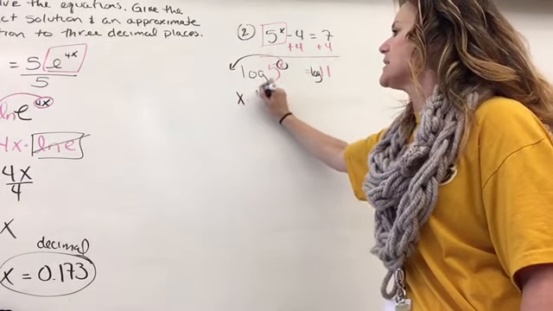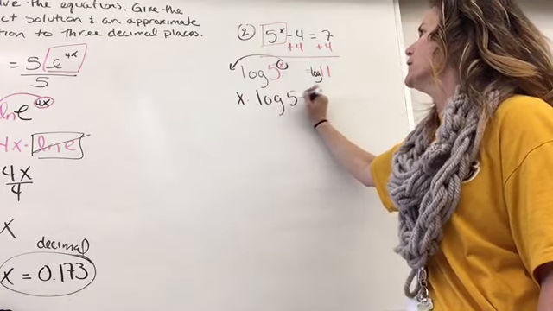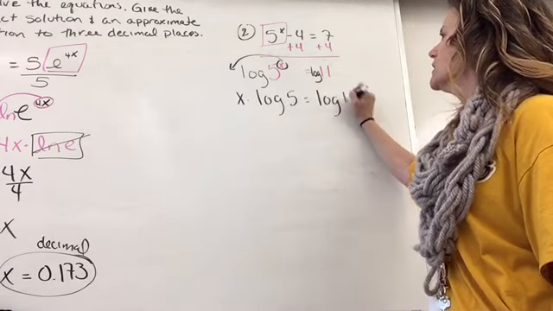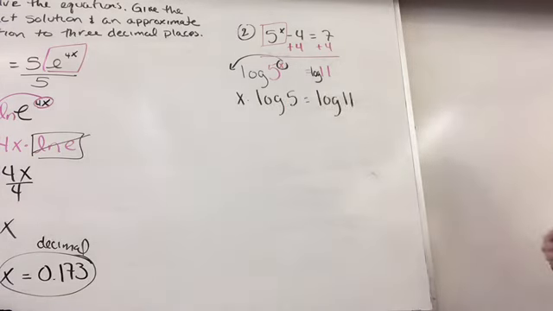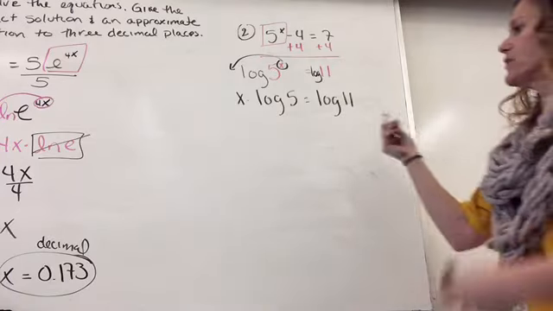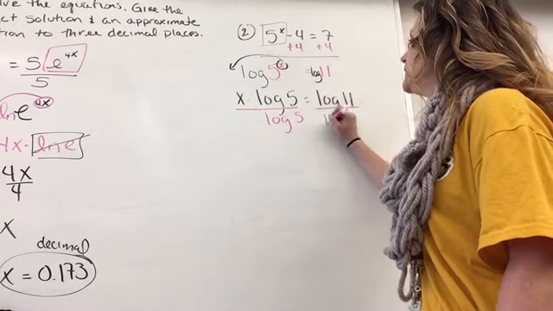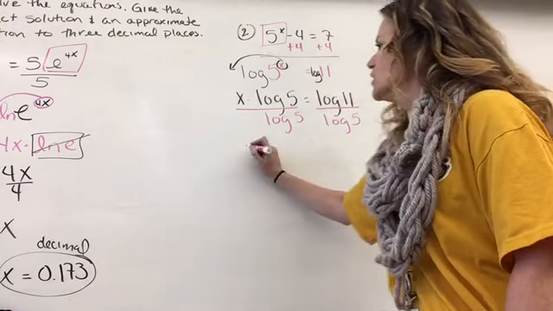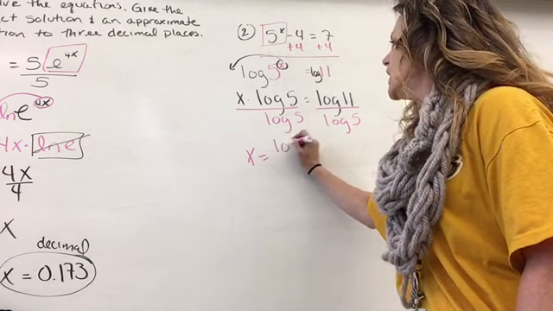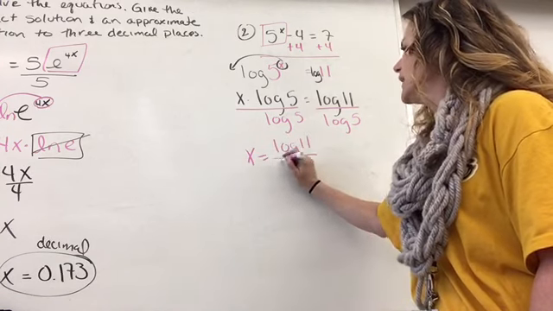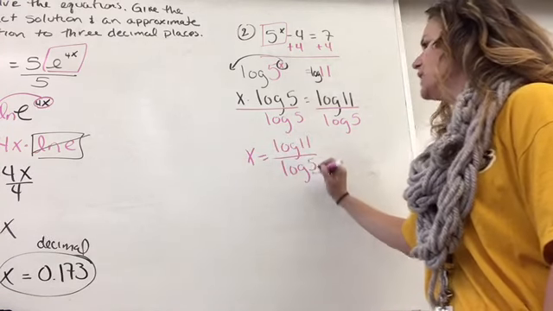So now I have x times the log of 5 equals the log of 11. It's one of our properties of logs that allows us to do this. So now we can solve for x by dividing both sides by the log of 5. So x equals the log of 11 divided by the log of 5.